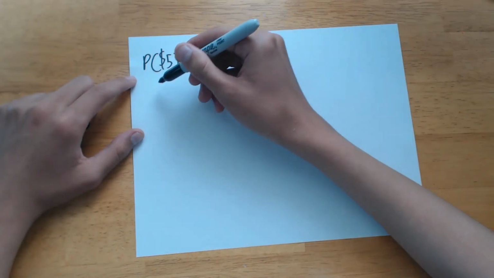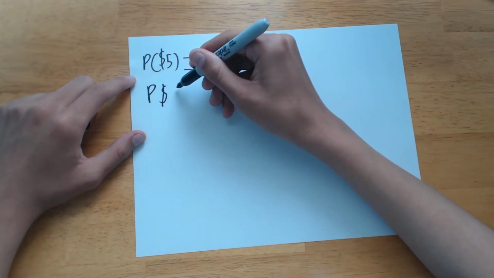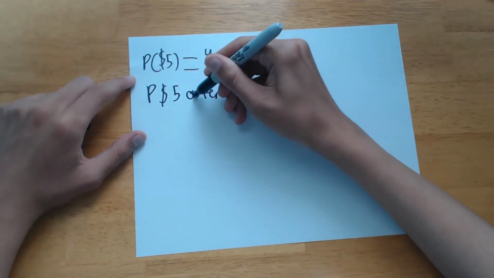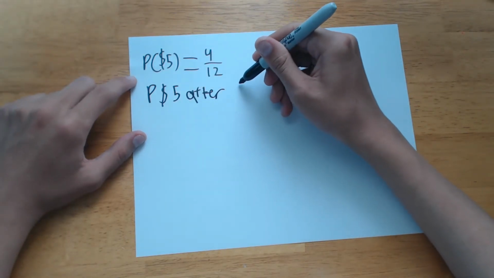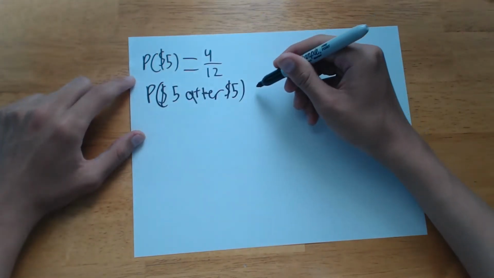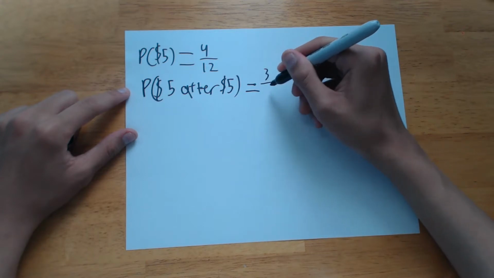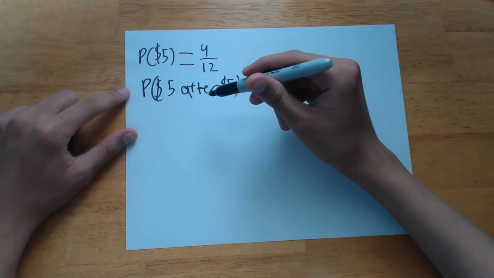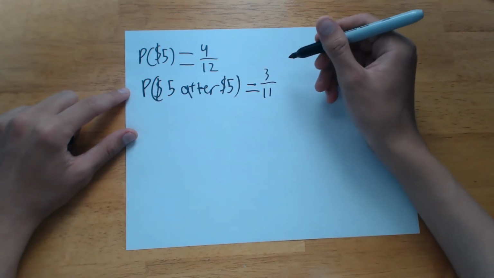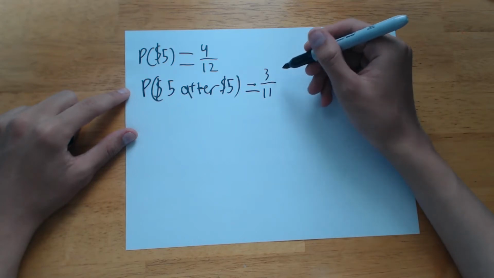And what we're trying to figure out is P of $5 after $5. And that would be 3 over 11, because they had just taken a $5 bill out, which removes 1 from the total and 1 from all the $5 bills.